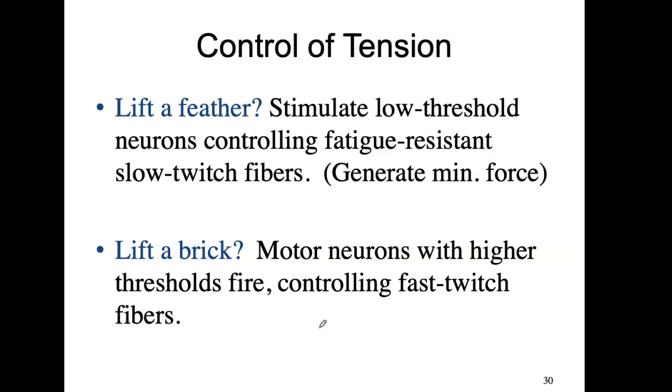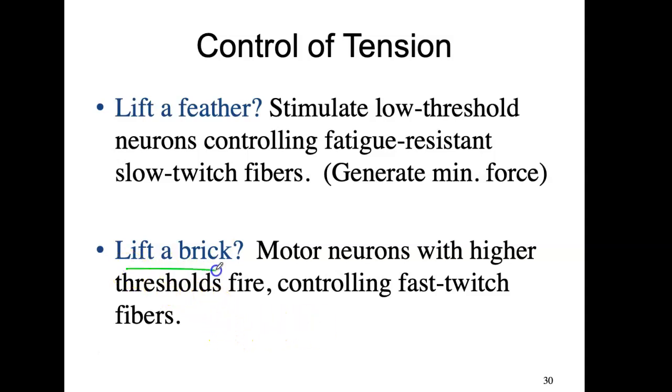These low threshold neurons are going to stimulate them, so they fire at a very low threshold. Whereas motor units 2 and 3 that I showed you earlier need more stimulus to actually fire. So they go firing in order of lower stimulus to medium stimulus to higher stimulus.